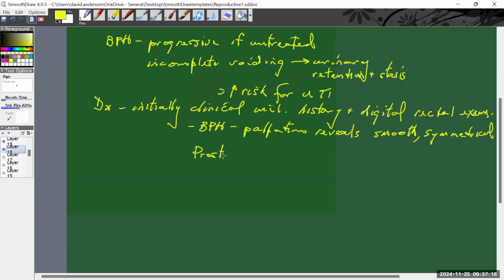Prostate cancer would be nodular, asymmetrical, and firm. So that's the differential there as far as that's concerned.